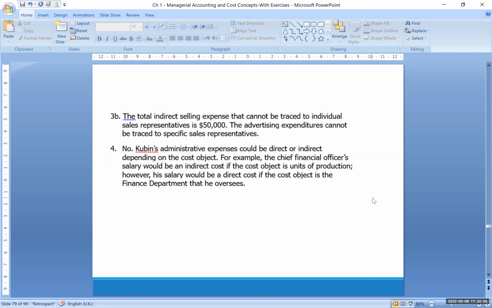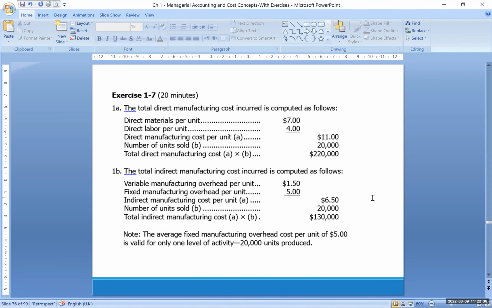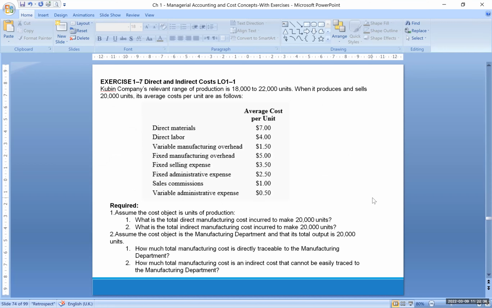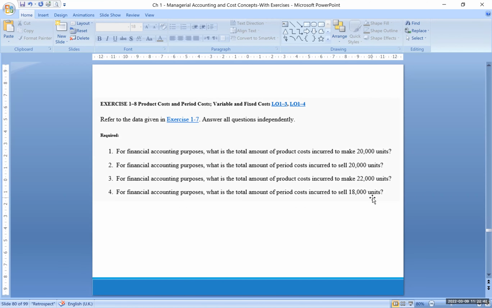So we will use the information of exercise 7. And the question is, for financial accounting purposes, what is the total amount of product costs incurred to make the 20,000 units?